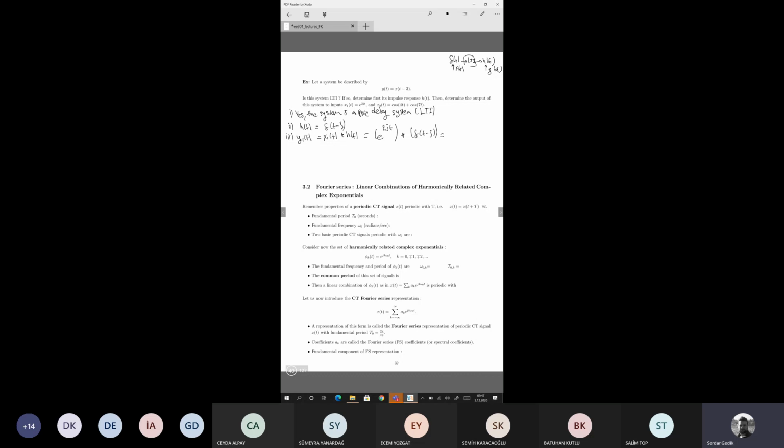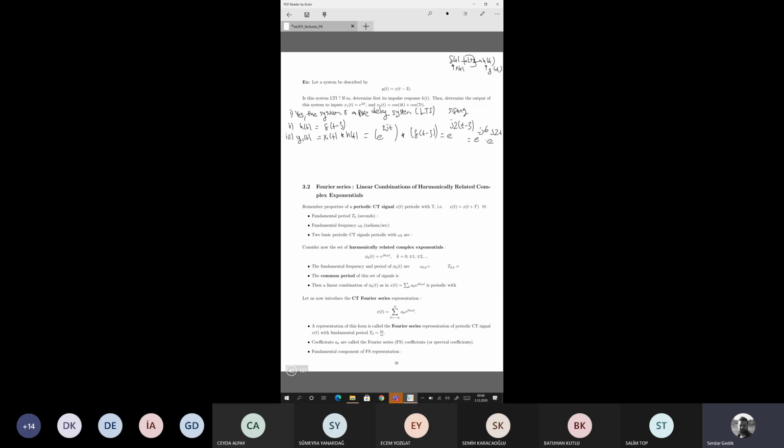If you convolve a signal by a shifted impulse, you just replace t by t minus 3, and I have e to the power minus j6 times e to the power j2t. So this is the first way, an easiest way. I have actually used the shifting property.